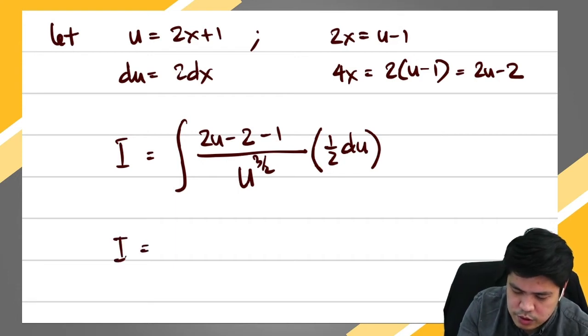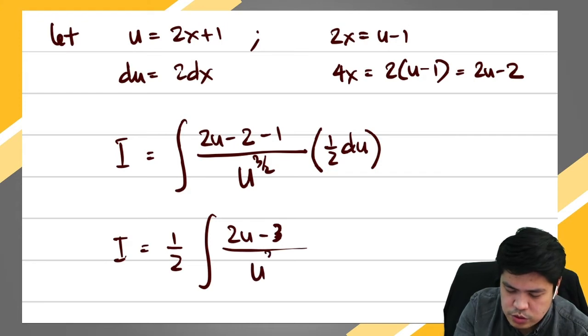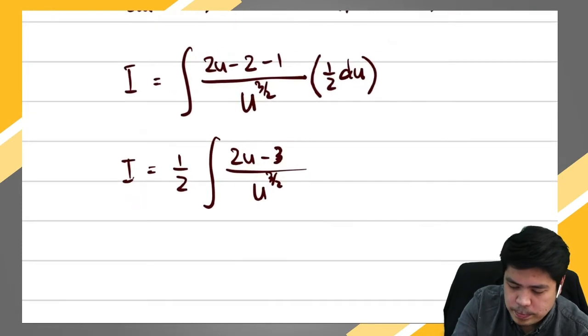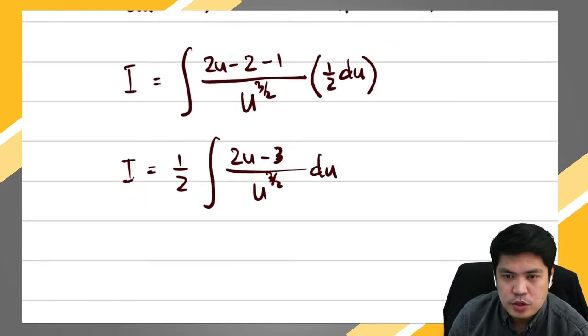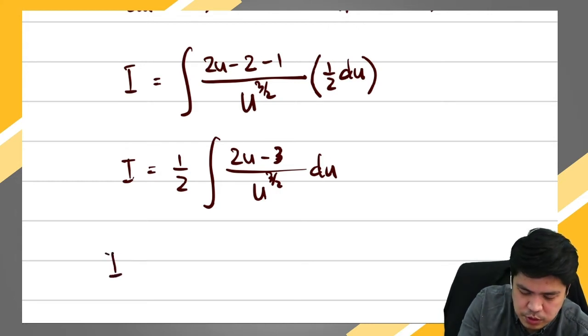So therefore, this becomes, taking out the 1/2, the integral of 2u minus 3 over u raised to 3 halves du. Do you think it is easier now? Possibly, but it depends.